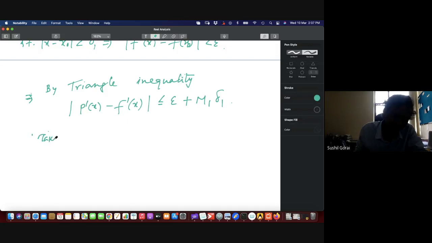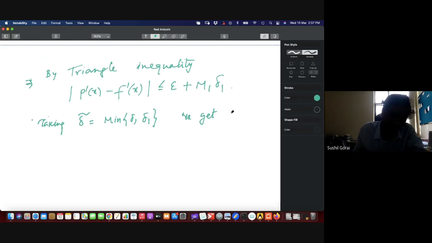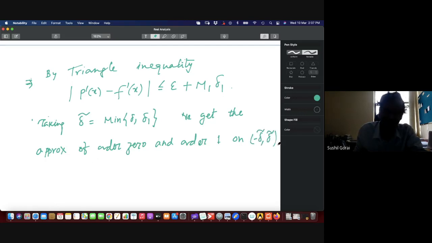Taking delta tilde to be the minimum of delta and delta 1, we get the approximation of order 0 and order 1 on this interval minus delta tilde to delta tilde, right?